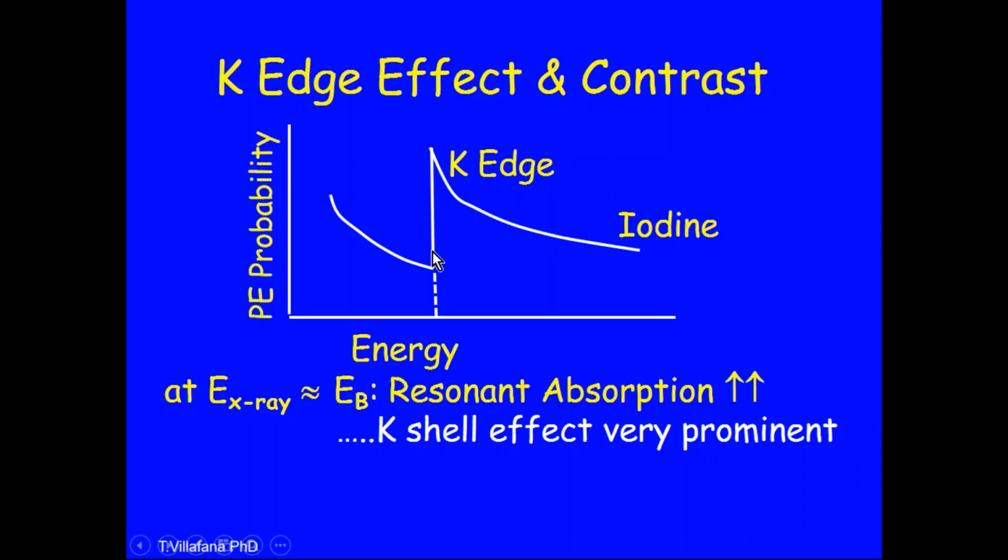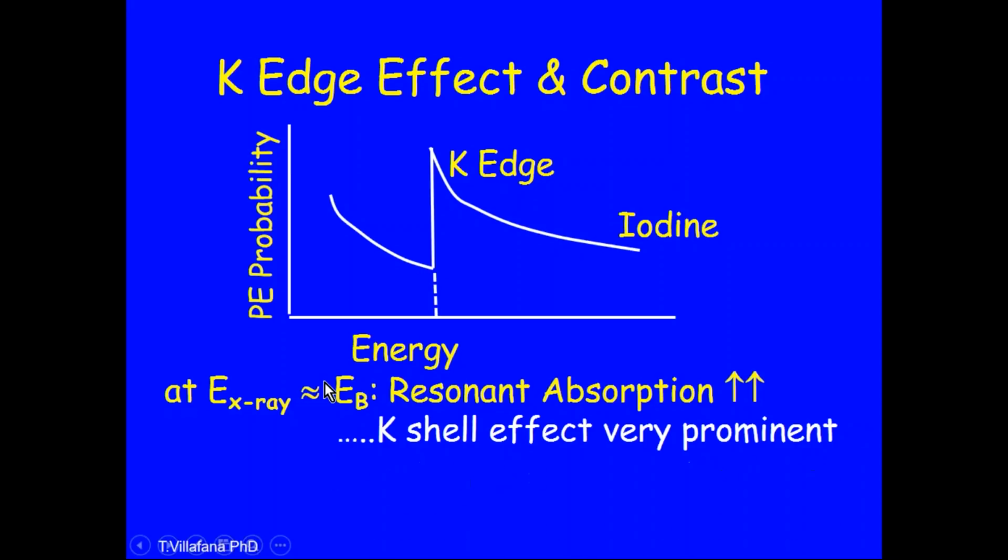The idea here is that there is a very extraordinary increase in absorption at a particular energy. And that particular energy is at the binding energy of that particular orbital electron. And we say that there is going to be resonant absorption.